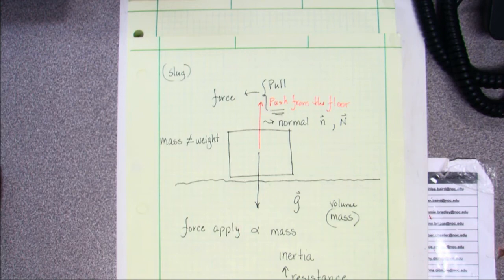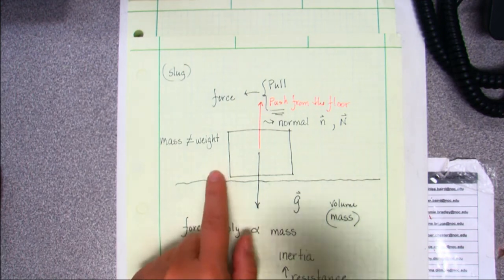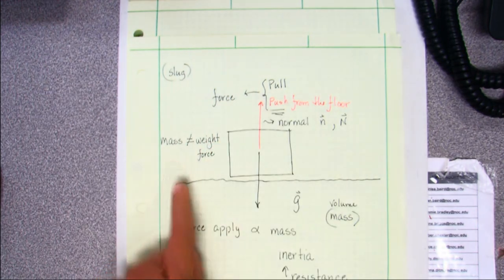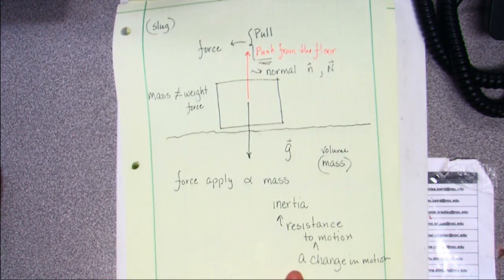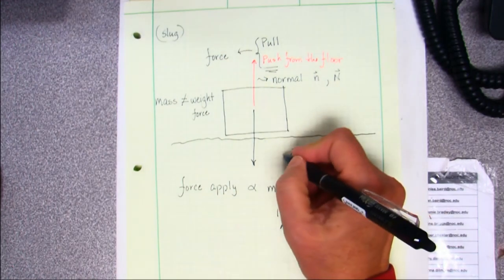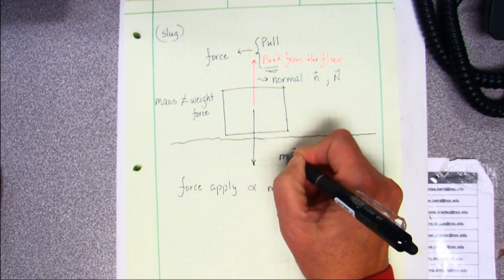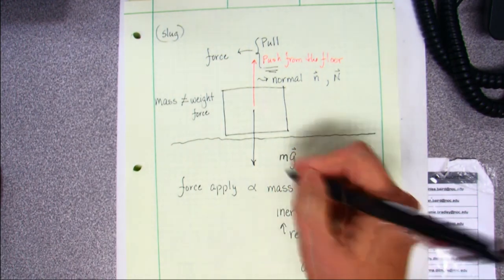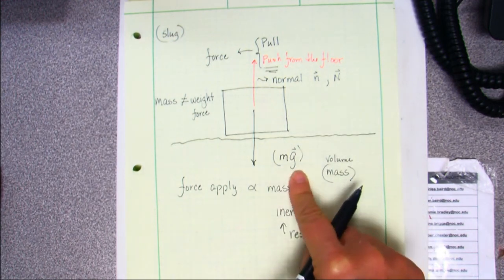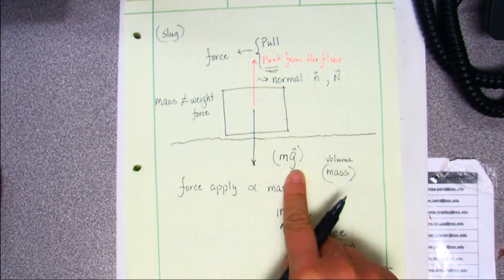Pounds are a force. Weight is a force. Mass is that resistance to motion. Weight is a force, and in our systems it's going to be the mass times my acceleration due to gravity. That's going to be my weight.